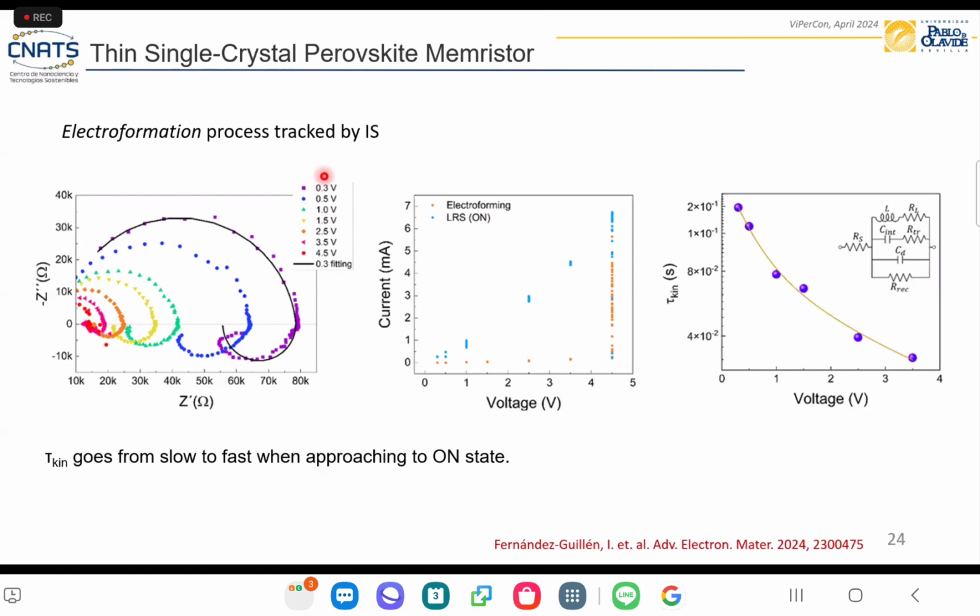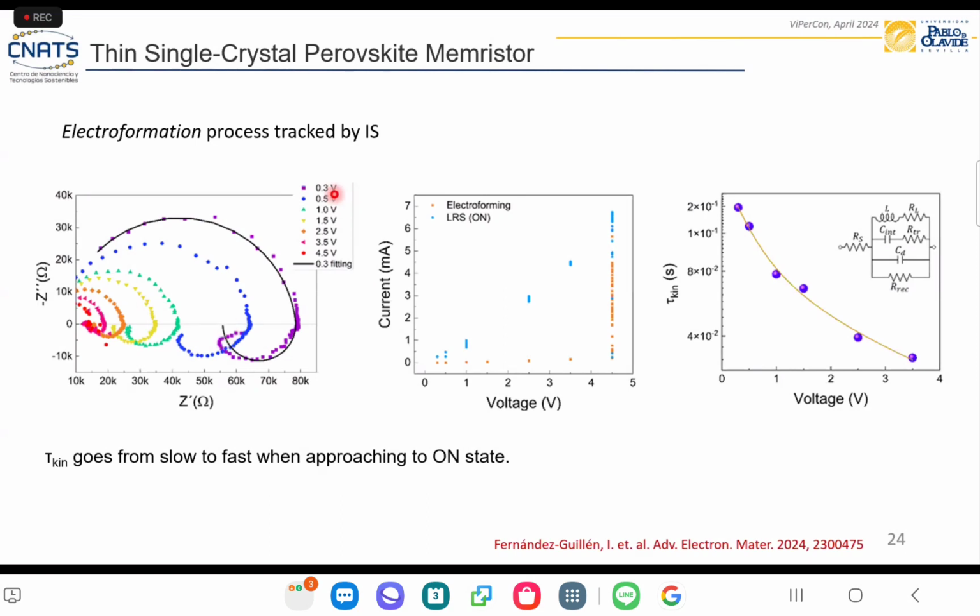So when we apply the increasing voltage from 0.3 to 4.5 volts, just to switch on the memristor device, we see that at the beginning, at very low voltage, which means we are in the off stage, in the high resistive stage, we have a huge negative capacitance, which means, because we have previously seen, that we have very slow processes taking place in our device.